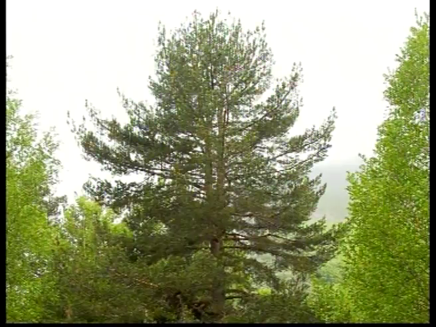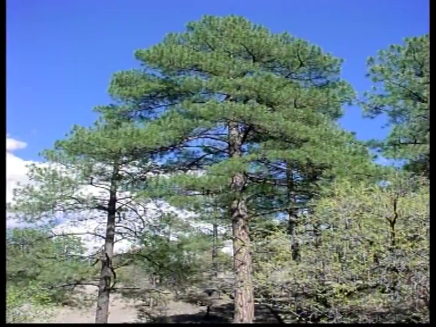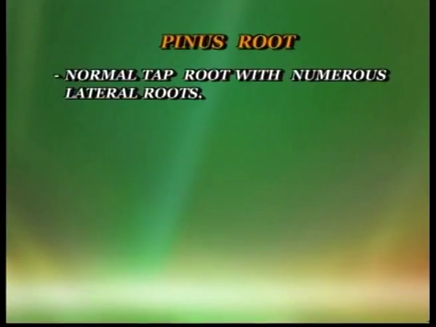Now come to the external morphology of the Pinus tree. The main plant body of Pinus is sporophytic, which is evergreen, perennial and xerophyte. It has a conical or pyramidal appearance, or we can say excurrent habit, just because of the spiral growth of lateral branches. Its plant body is differentiated into well-developed root, stem and leaf.